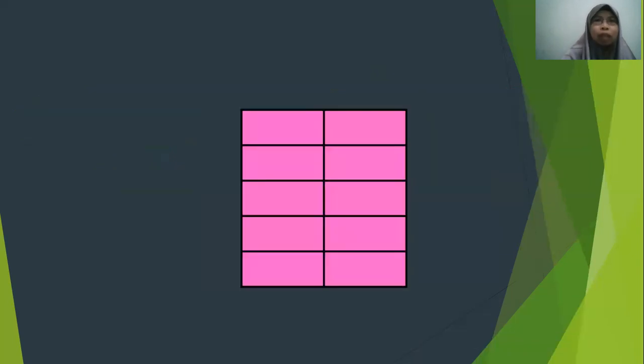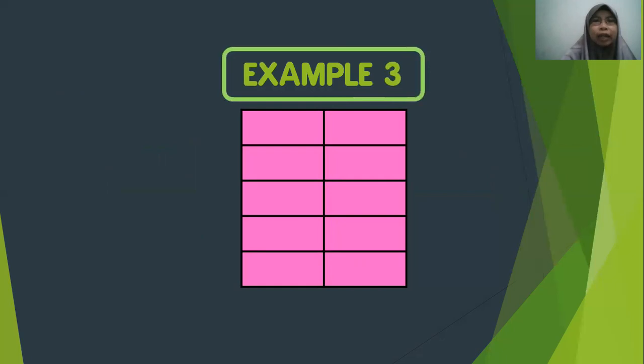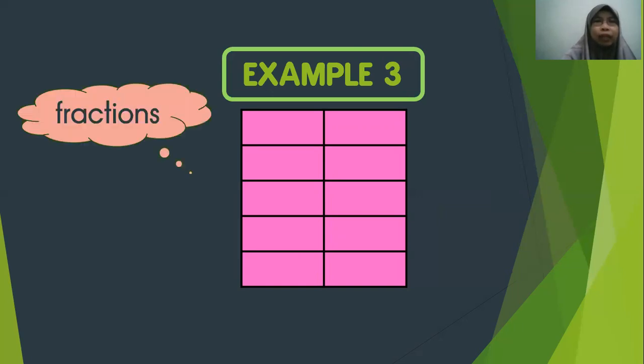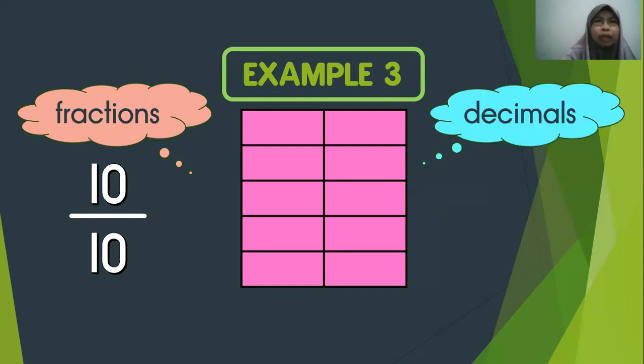Okay, how about example 3? If we can see, there are 10 parts also in this diagram, but all the 10 parts we have colored. There are 10 shaded parts from all 10 parts. So in the form of fraction, we call it 10 over 10. So how to write in decimal?